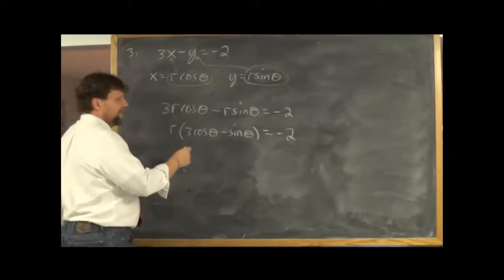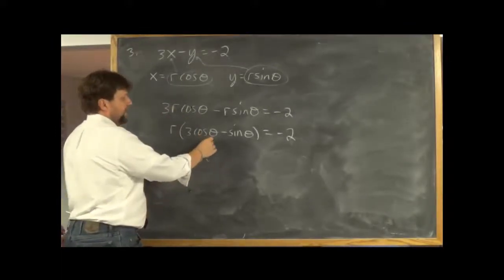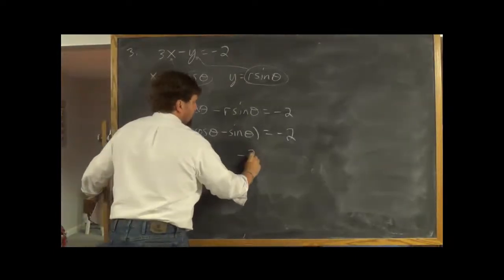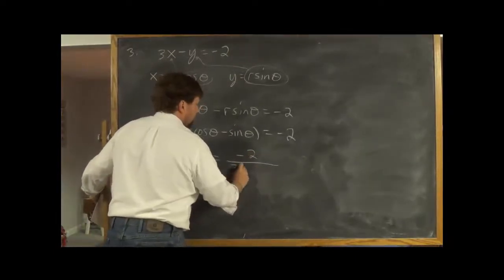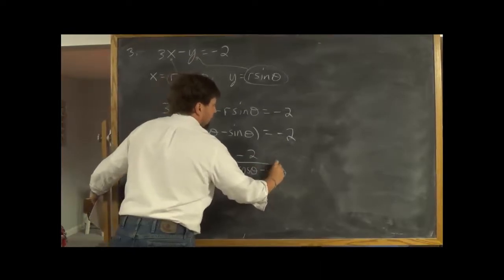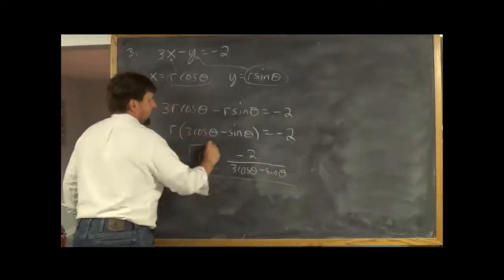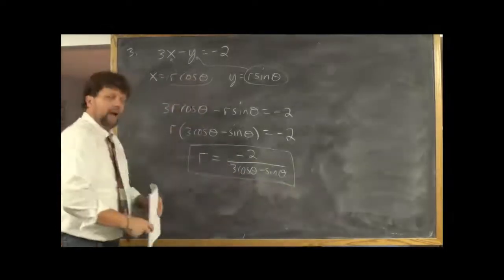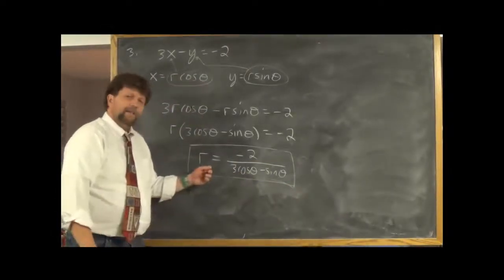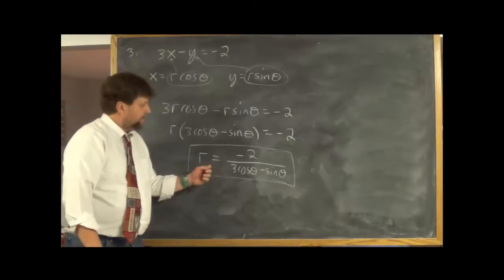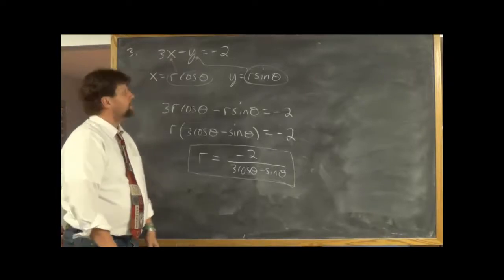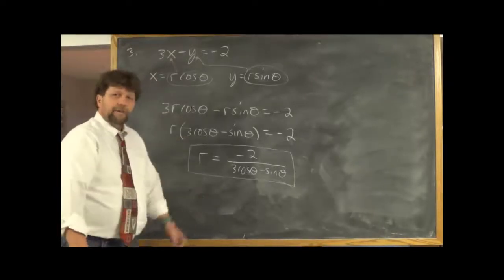Then divide both sides by 3 cosine theta minus sine theta to get r equals -2 over 3 cosine theta minus sine theta. If I wanted to graph a polar equation with my graphing calculator, I would need to have it in this r equals form. So that's why I come down to this, and I think that's a good answer. So hopefully you got that for number 3.